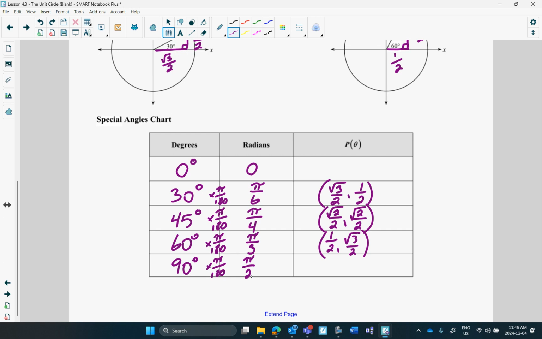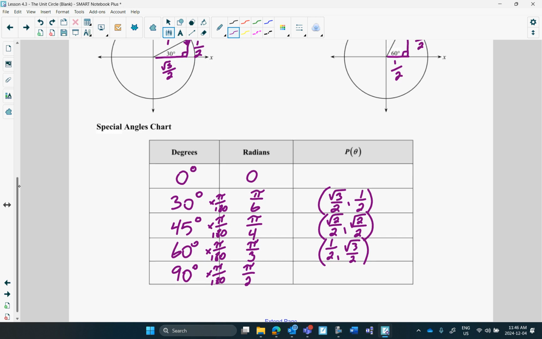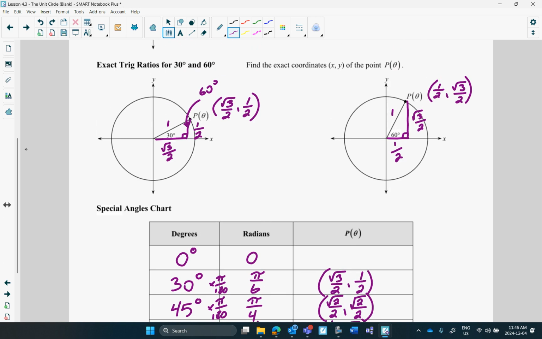What are the points on the unit circle when we have, and I'll just use this as an example, a 0 degree angle? Well, doesn't a 0 degree angle have the initial arm there and so is the terminal arm? What point is this on the unit circle that it ends at? 1, 0, because this length is 1.